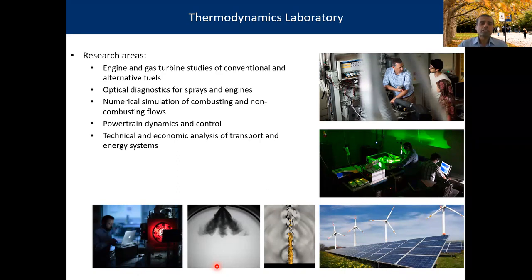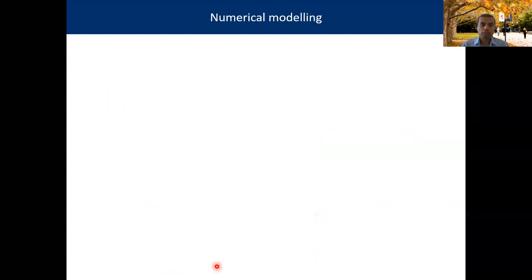We use a range of optical diagnostics to study sprays and engines. We do numerical simulation of combusting and non-combusting flows related to these two technologies. Powertrain dynamics and control is another area we are working on, and technical and economic analysis of transport and energy systems is also another research area in our lab.